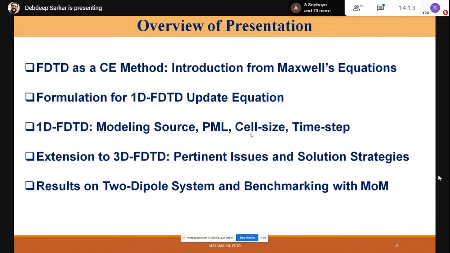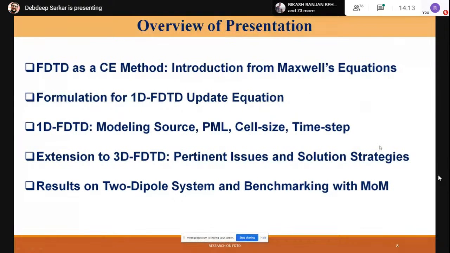So I'll try to explain it from the very basics, and then I'll discuss how to extend that into 3D FDTD, and what kind of pertinent issues there are, and what kind of solution strategies different people have tried to implement. And after that, I will briefly discuss some of the simulation results also.